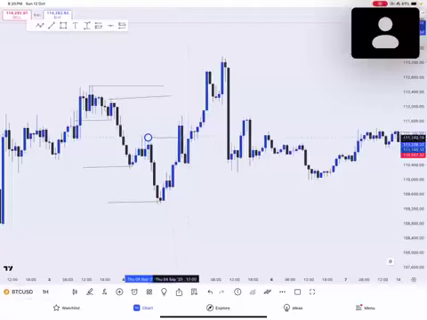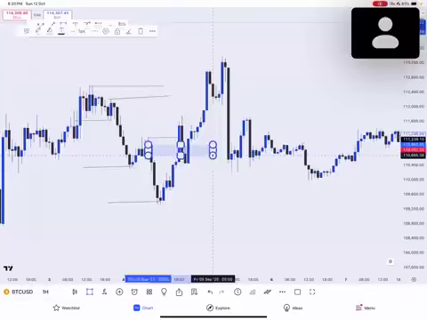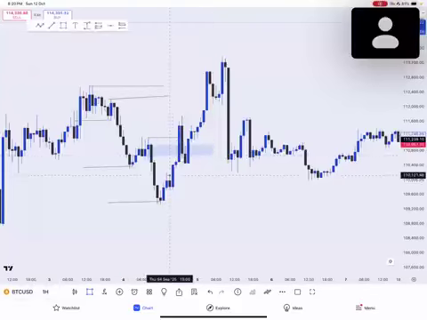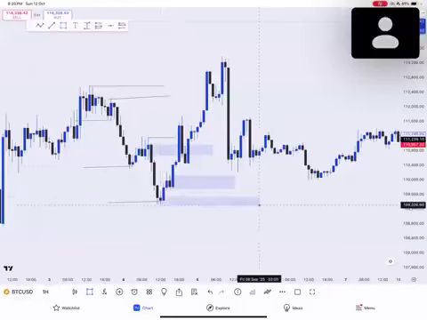Whenever the candle that caused that market structure shift closes, you have to look downwards to find the possible points of interest. If you look downwards, the body of this high that was taken out becomes a breaker block, so you mark it out as one POI. Down here is the other block, second POI. Down here is also another block, third POI. So you have 1, 2, and 3 points of interest.